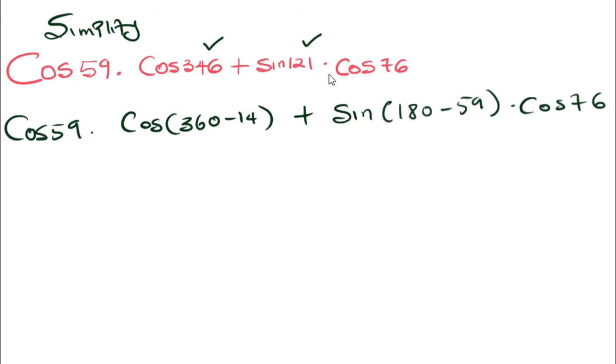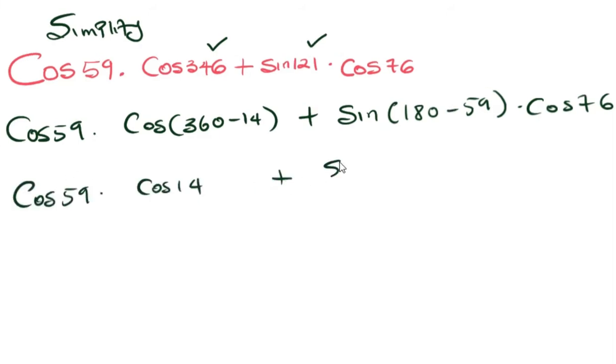And 121 is broken down into 180 minus 59, which puts it in the second quadrant. You can definitely see that this is cos 14 because cos is positive in the fourth quadrant, and this is sine 59 because sine is positive in the second quadrant.